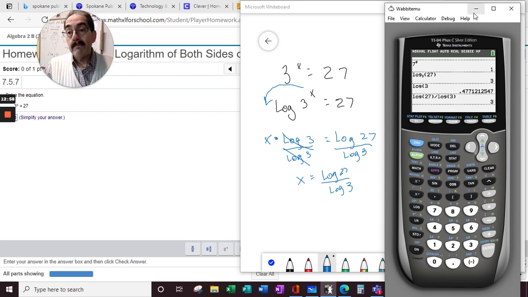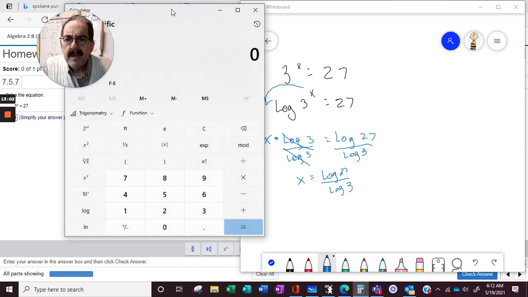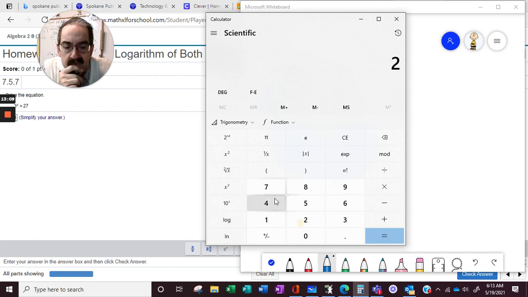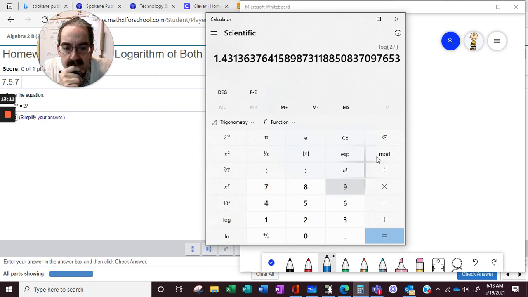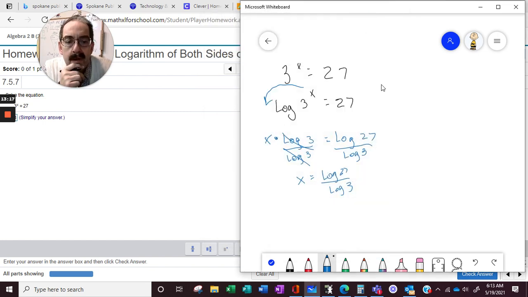Well, we knew that. 3 to the third power, right? Now I'm kind of curious. If I grab a regular calculator, log 27 divided by log 3. Cool. So that works.